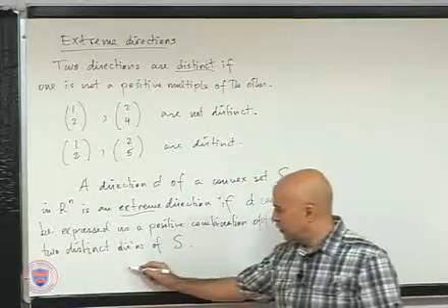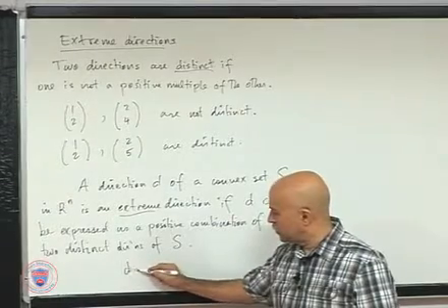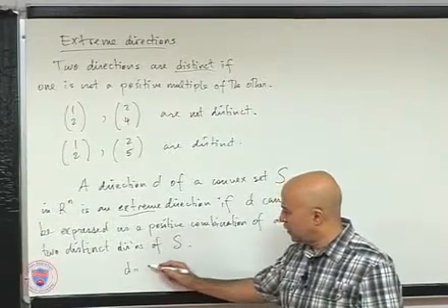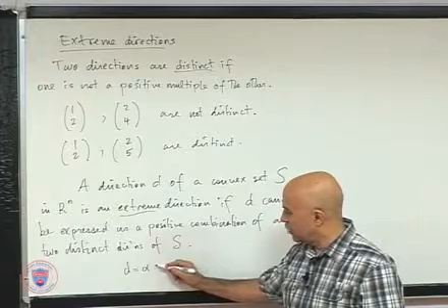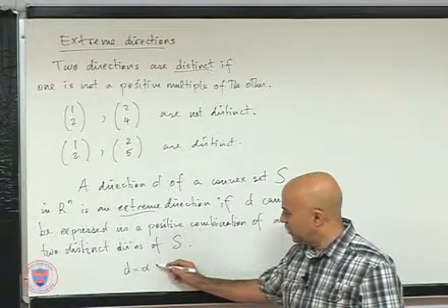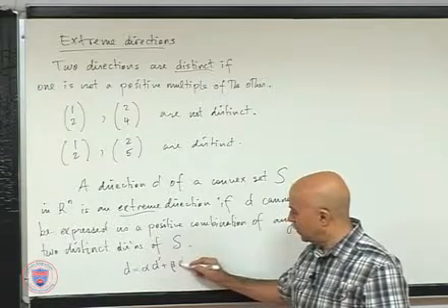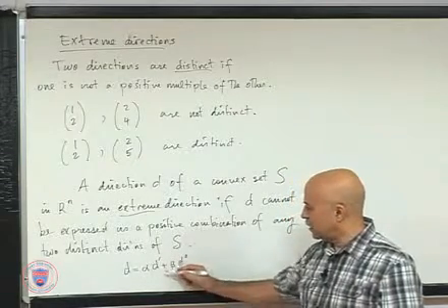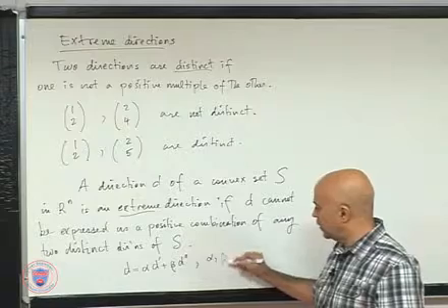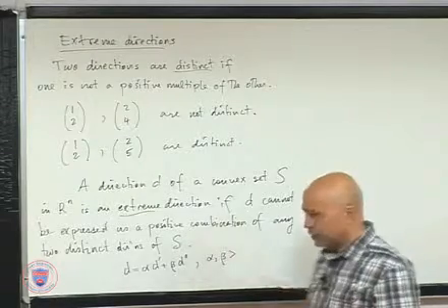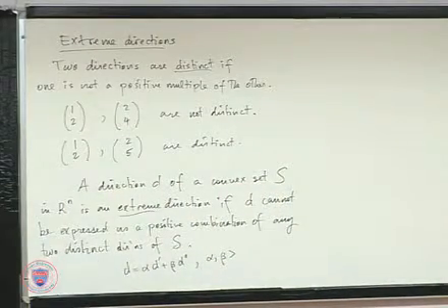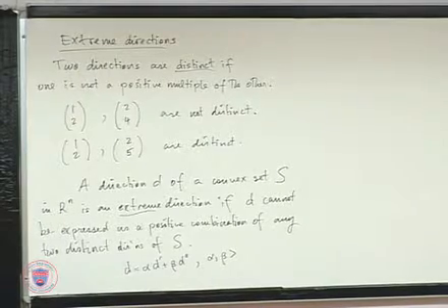So, you should not be able to find two distinct directions, which gives you D if you multiply one of them, say D prime with alpha, the other one with beta, where alpha and beta are, should it be non-negative or positive? Let me just check that.